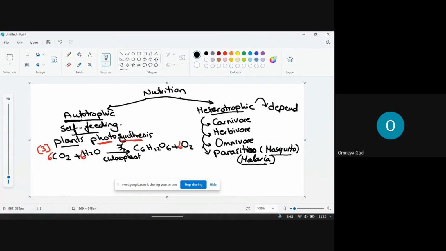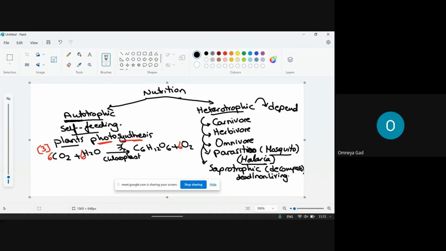There is another way of feeding which is called saprotrophic. The saprotrophic way of feeding, I'm talking about decomposers mainly. Decomposers like the bacteria or the fungi, they depend on dead or non-living organisms. Okay?